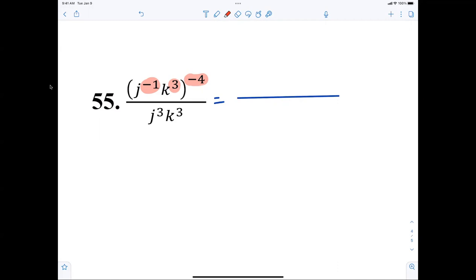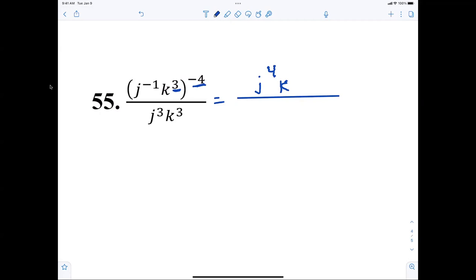So right now, J -1 to the -4 is the same as J to the what? Fourth. And then K to the what? 12. What kind of 12? Positive. Why positive? Negative exponent. So -3 to -1, that's -3. I'm asking you about the K. K cubed. 3 times what? 4 is 12.